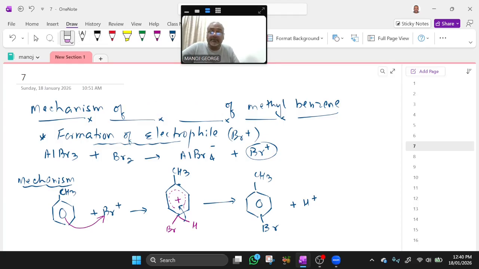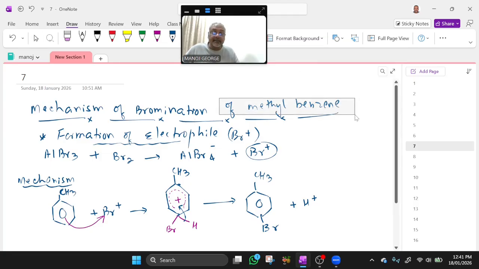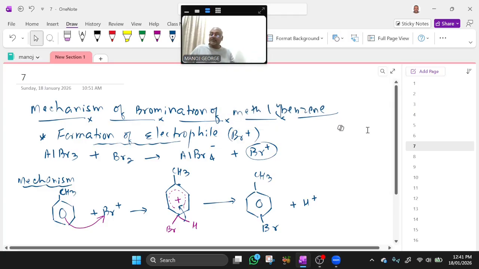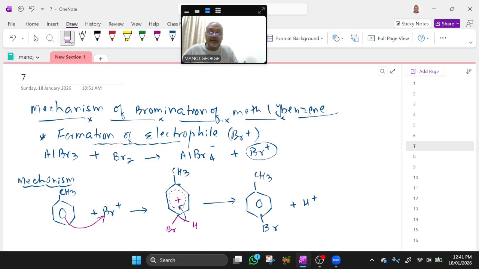I'm a bit distracted today. Mechanism of bromination, sorry. Anyone has any doubts? Nothing? Same thing will be for chlorination reaction as well. Everyone is okay?